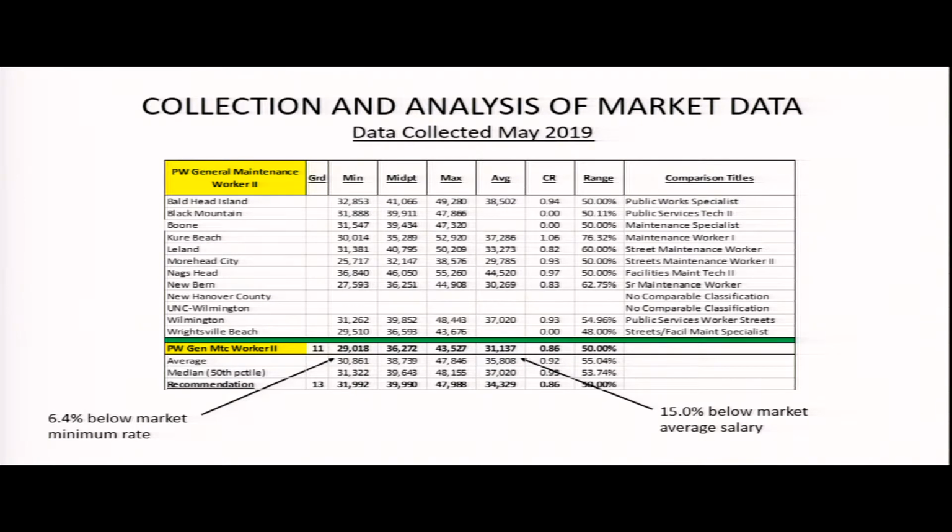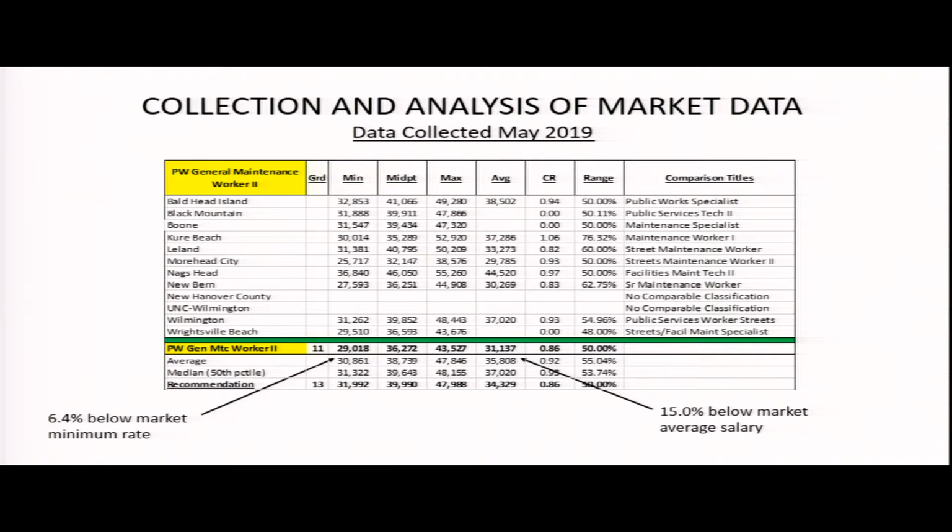Okay. So I'm looking at the average salary, I'm looking at the median salary. In this case, the average minimum salary for that classification is 30,861. The median is 31,300. My recommendation is that that position, which currently is in grade 11, be moved to grade 13.